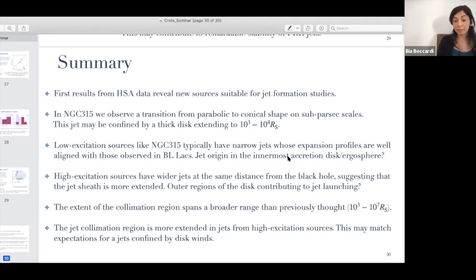There are probably outflows also at larger disk radii, but the sheet which I'm mentioning here is launched only in the innermost regions, and this is just because we measure it. I'm not saying that this is how it is. This is what we measure. We measure that the jet apex is really narrow, and since we measure very low speeds also in M87, this must not really be the spine. It must still be the outer wall, but an outer wall which doesn't extend for very extended radii.